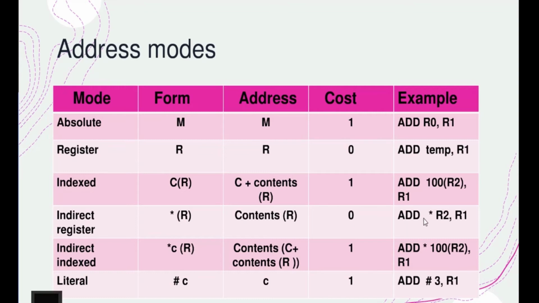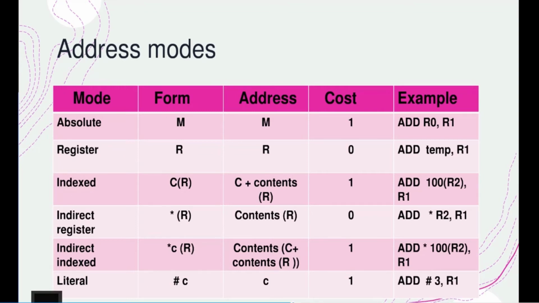Example is add star R2, R1. Then for indirect indexed addressing mode, it is of the form star C of R. The address is contents of C plus contents of R. The cost is equal to 1. Example is add star 100 of R2, R1.